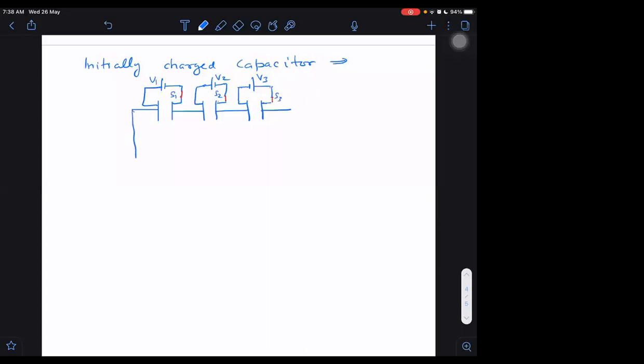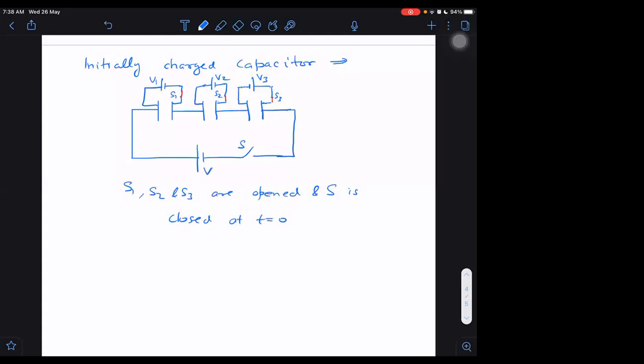So what did we do? S1, S2, and S3 are opened and S is closed at t equal to 0.